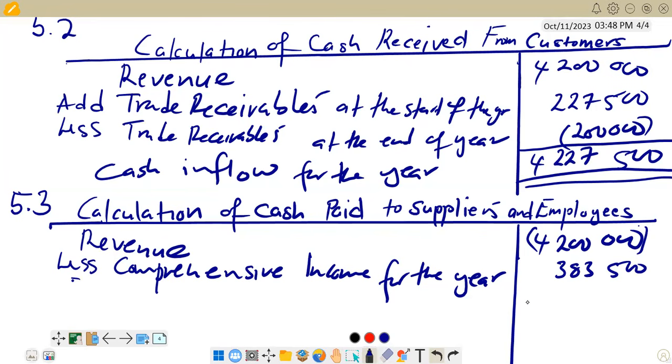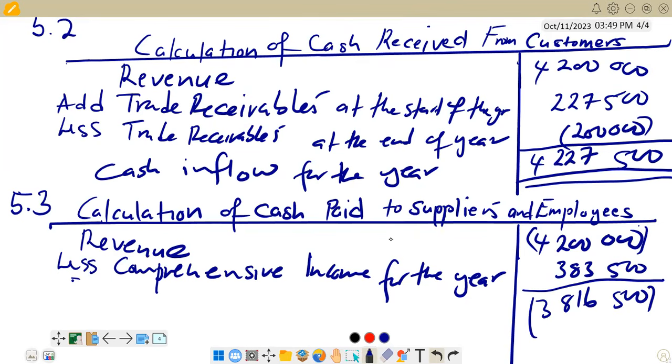So here, when we do that, we get a net figure. When we say negative 4,200,000 plus 383,500, we are supposed to get a negative 3,816,500. Remember, this is a negative and a bigger figure, and this one is positive but a smaller figure, so the answer is going to be a negative one.